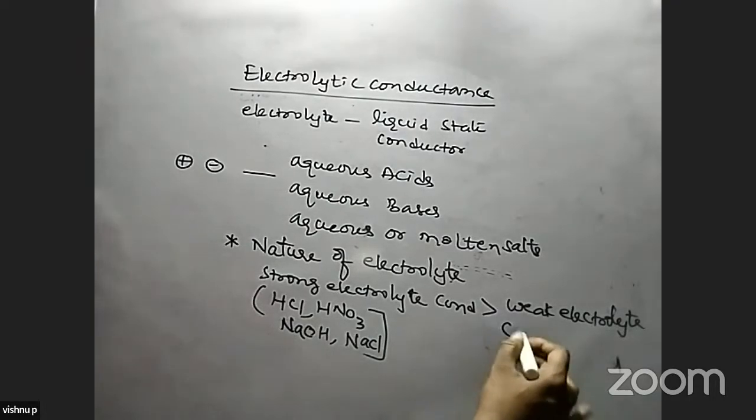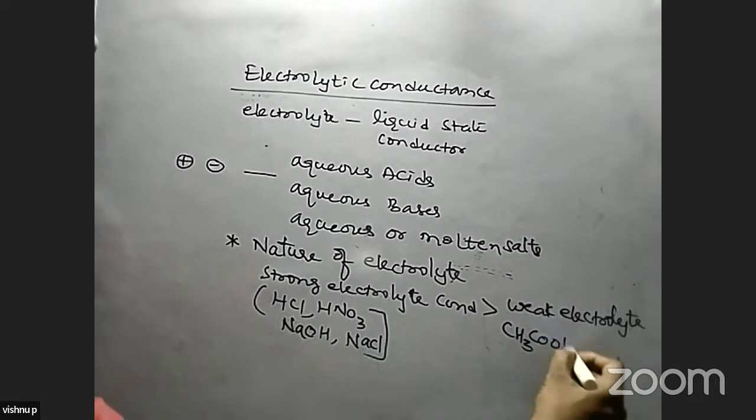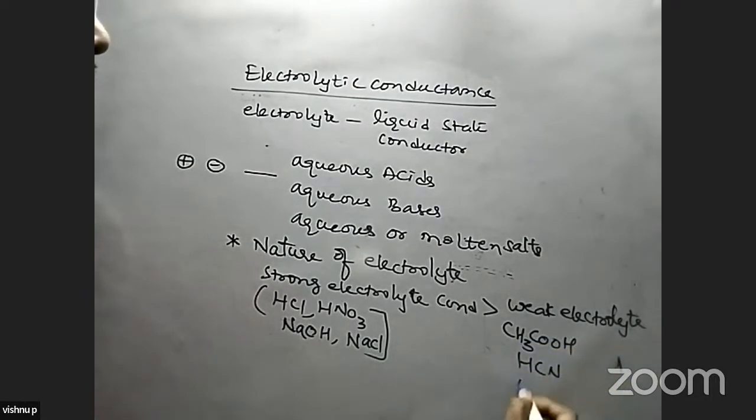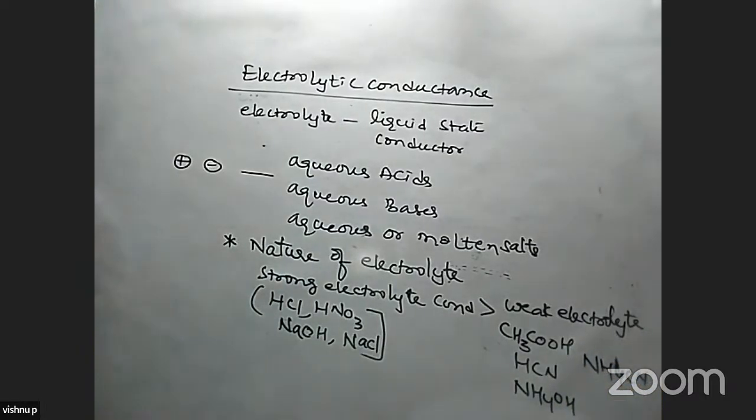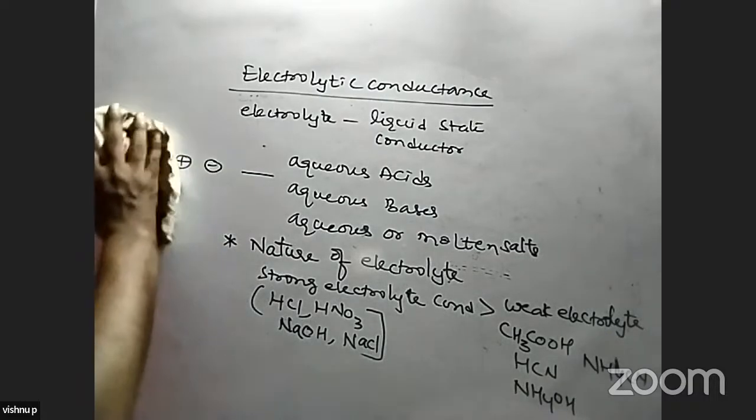Weak electrolytes: any acid containing carbon is always a weak electrolyte, and bases like ammonium hydroxide and salts like ammonium cyanide are examples of weak electrolytes. These are not completely dissociated, they are difficult to dissociate, and conductivity is less in case of weak electrolytes.